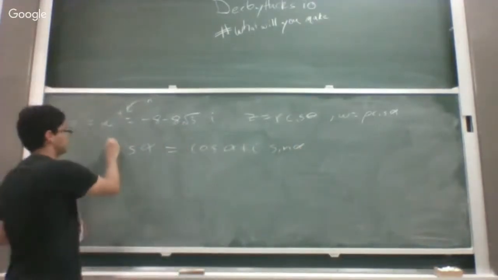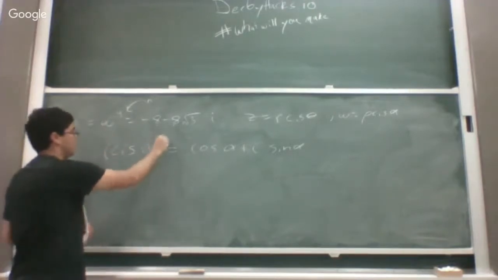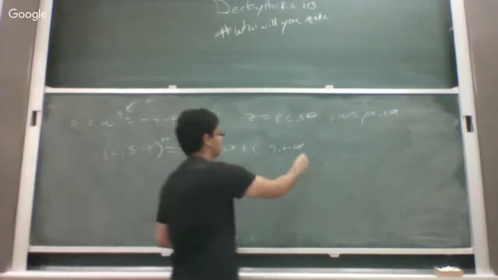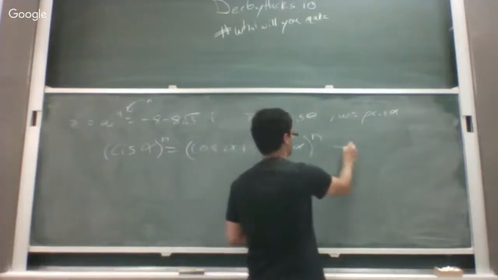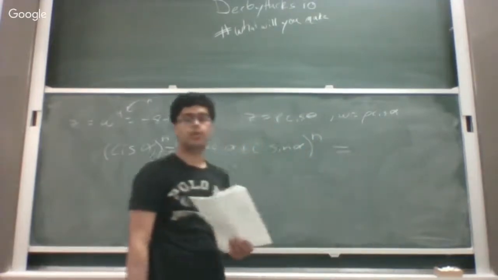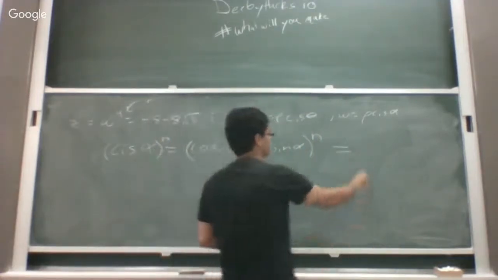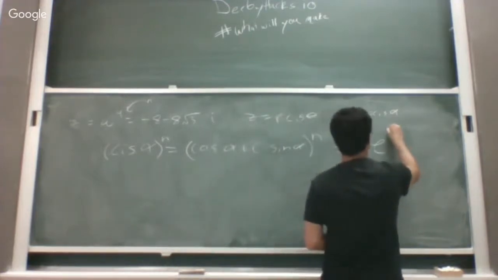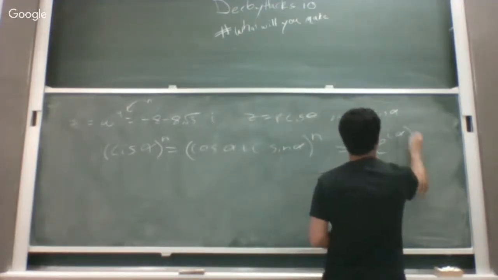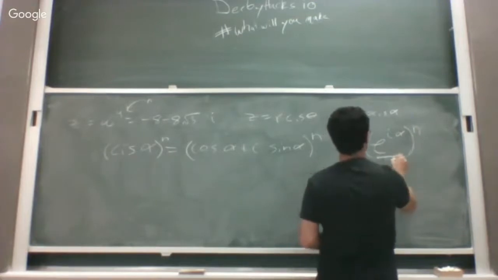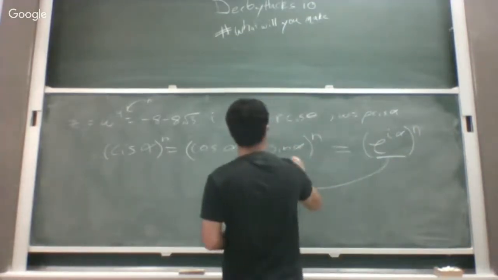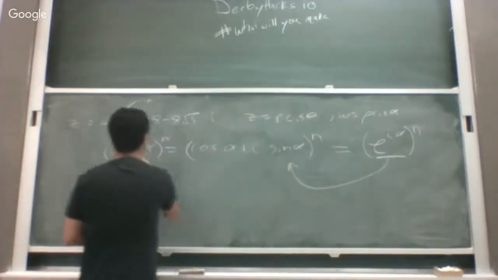Now this is cis to a power n. So then this entire thing we can rewrite as e to the i alpha, to the nth power.